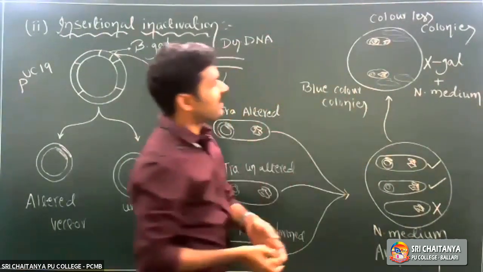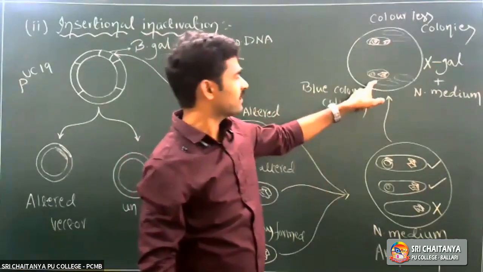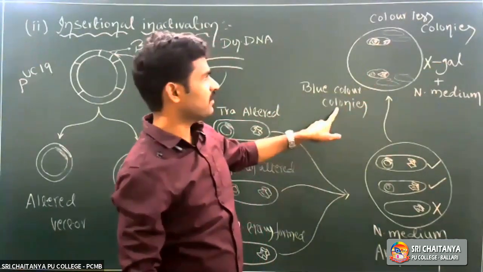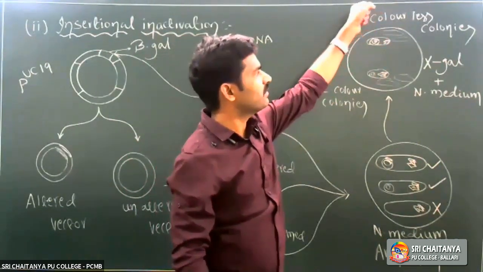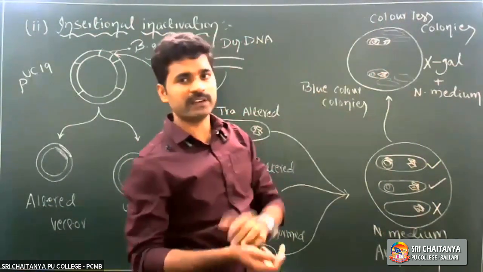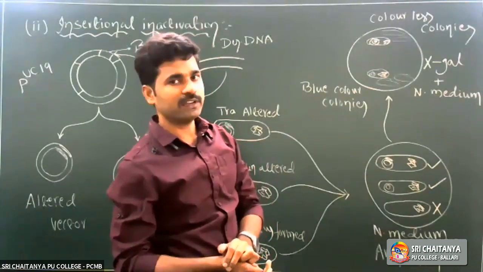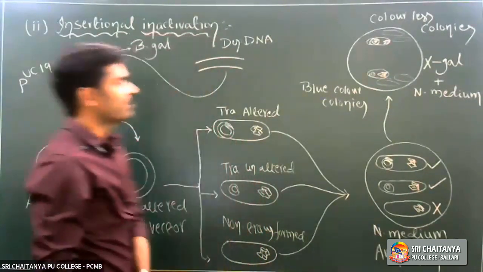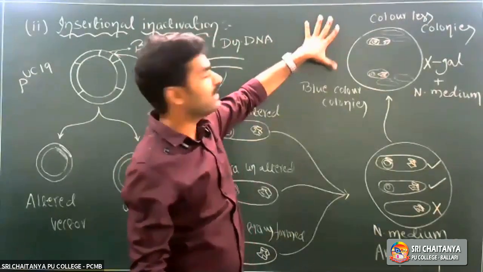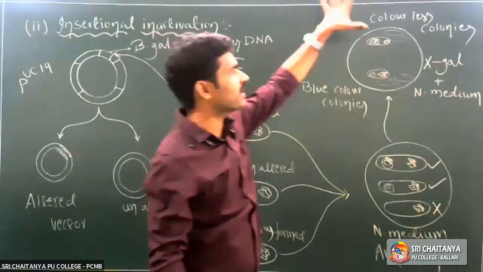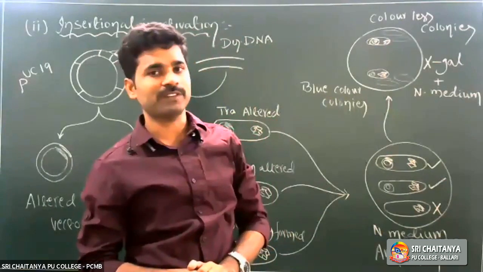So unaltered vector containing bacterial cells appear blue, and altered vector containing bacterial cells appear either white or colorless. Based on the color, using the chromogenic substance, we can easily identify which are recombinant cells and which are non-recombinant cells.